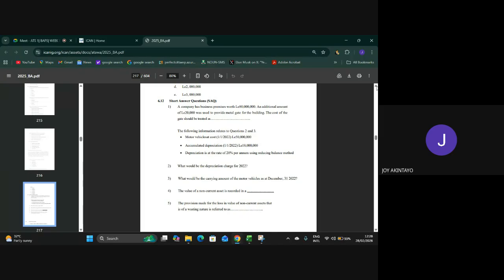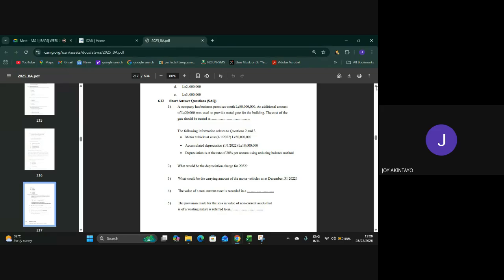Now they give us information regarding this. They said this asset was purchased on the 1st January 2022. Accumulated depreciation is 18 million.